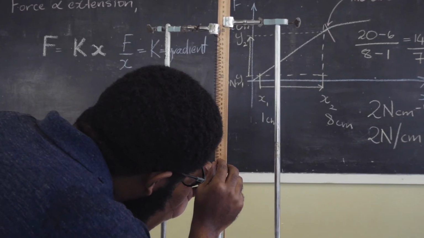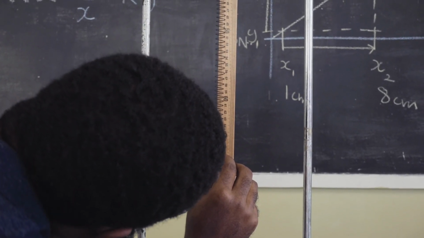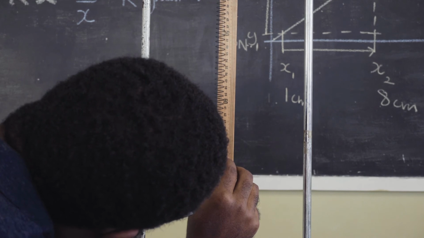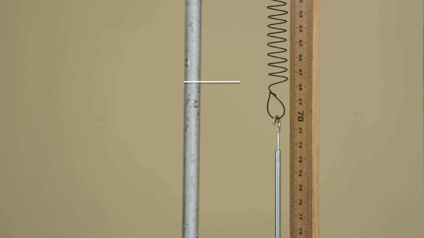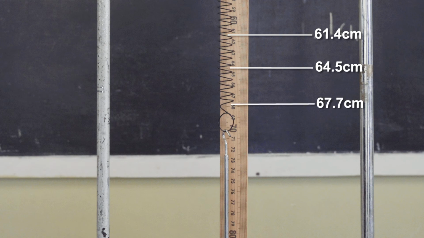The lower extremity of the spring is, according to my eyesight, at 67.7 centimeters. So we went from 61.4 to 64.5 to 67.7.